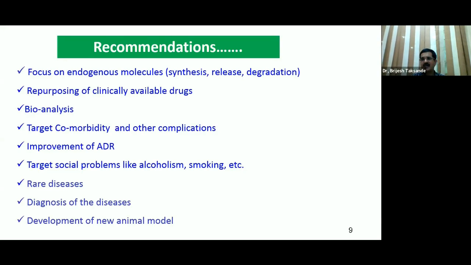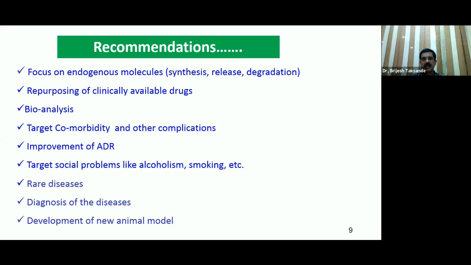Many times, I may take the example of insulin. Insulin is available in the body, but there are some insulin injections available for the treatment of diabetes mellitus. But if you explore the data available in the last 3 or 4 years, you will realize that insulin is not only acting peripherally to monitor glucose metabolism.